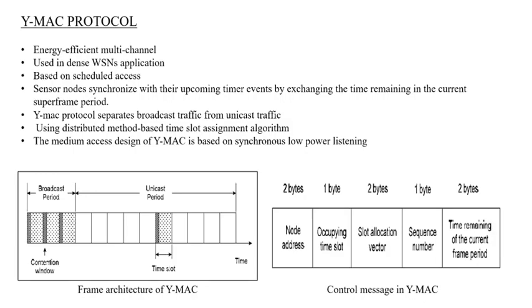This scheme can be easily implemented by adjusting the expiration times of timer events. WiMAX protocol separates broadcast traffic from unicast traffic and makes broadcasting more reliable than in the other MAC protocol.